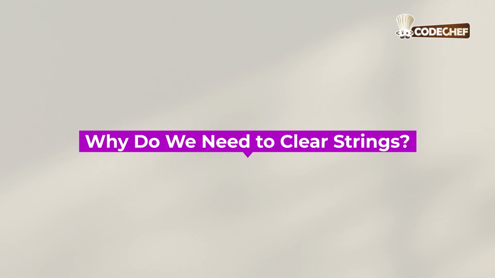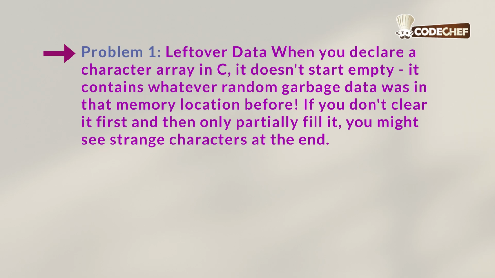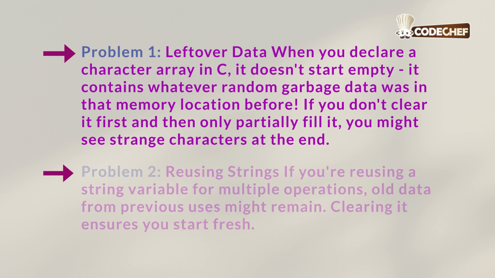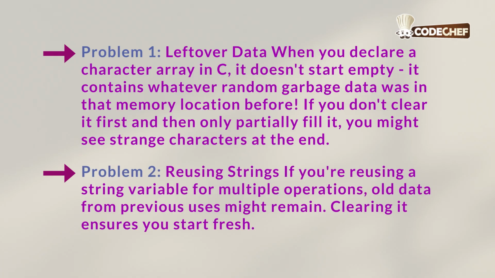Why do we need to clear strings? Here's why string clearing is essential. Problem 1 is leftover data. When you declare a character array in C, it doesn't start empty. It contains whatever random garbage data was in the memory location before. So if you don't clear it first, you might see strange characters at the end. Problem 2 is reusing strings. If you are reusing a string variable for multiple operations, old data from previous uses might remain.